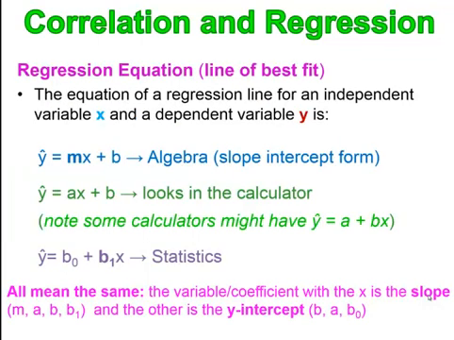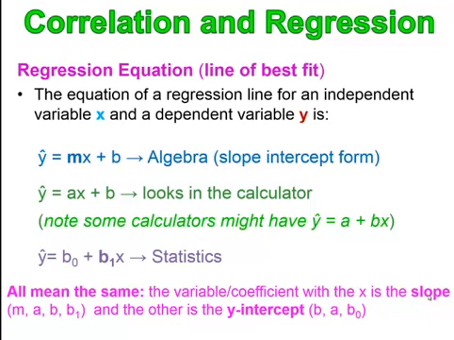So here are the regression equation line of best fit, the different ways that we might see it. The equation of a regression line for an independent variable X and a dependent variable Y is, in algebra, known as the slope-intercept form, where you have Y equals mx plus b. In our calculators, we'll see it as Y equals ax plus b, or it might be switched around where you see Y equals a plus bx.